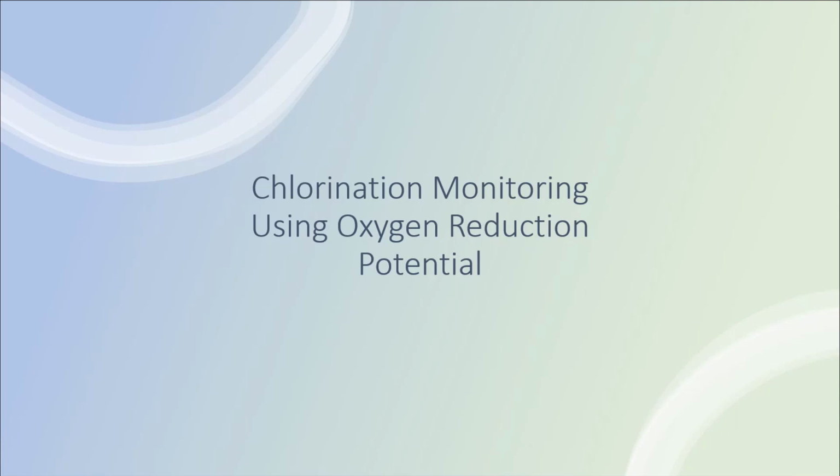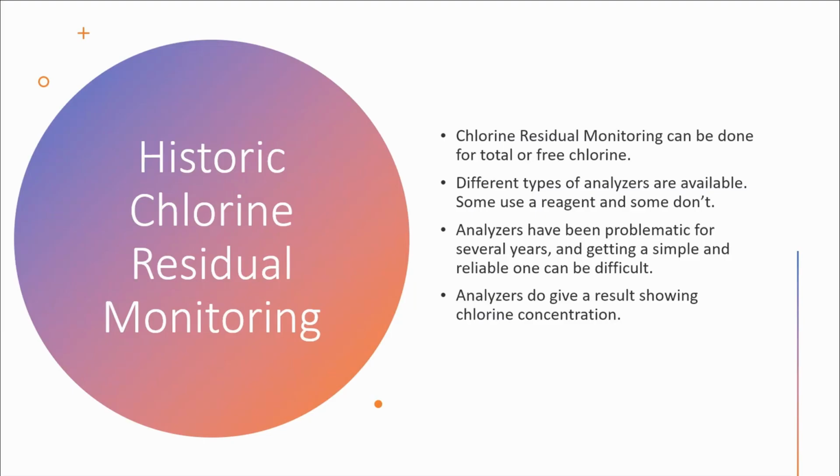So really the title is Chlorination Monitoring Using Oxygen Reduction Potential. We thought we'd talk a little bit about historic chlorine residual monitoring. Some of you are probably familiar with different types and are probably using some on one level or another.